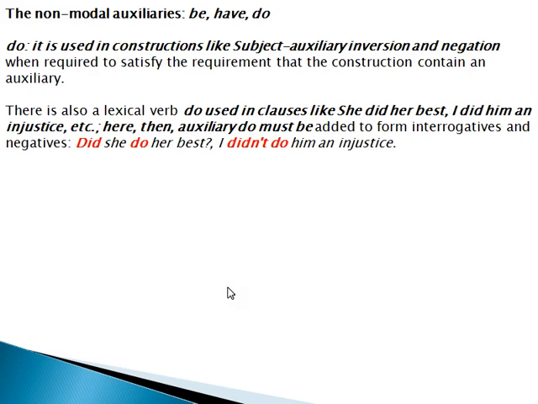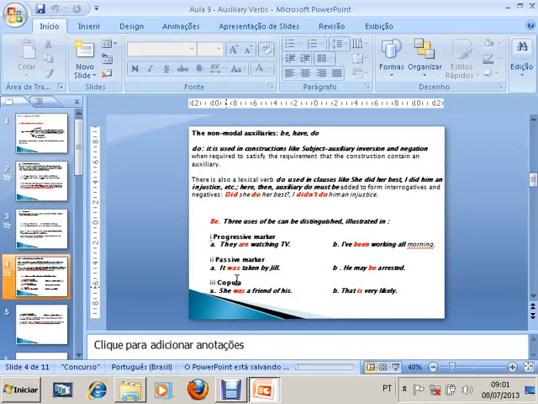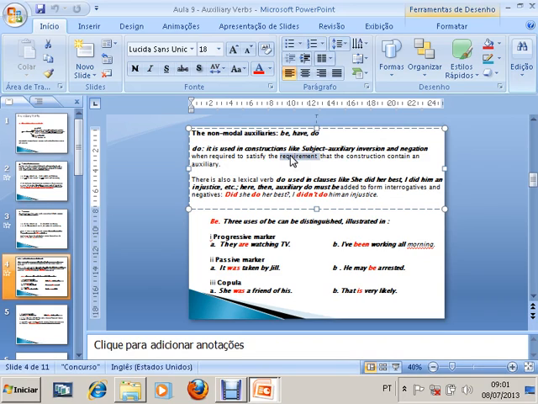Do. Do is used in constructions like subject auxiliary inversion and negation when required to satisfy, congratulations Joshua, when required to satisfy the requirement. When required to satisfy the construction, required for the requirement is fantastic.